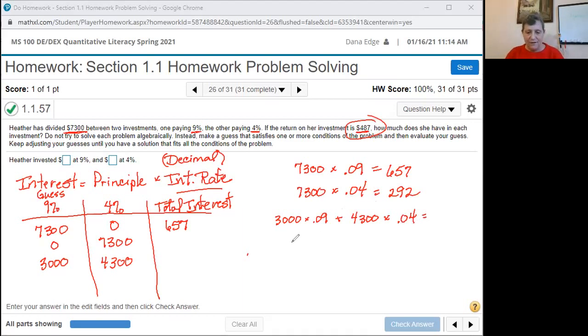which is going to give us, this would be 270. This is going to be 172. And 172 plus 270 is 442.